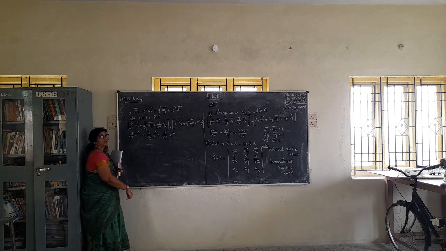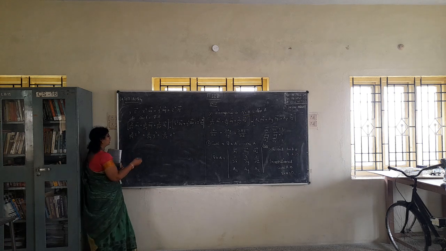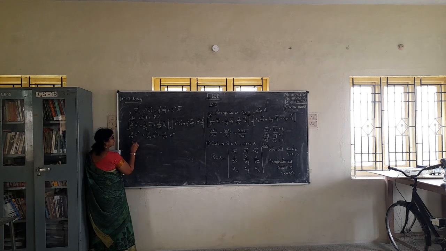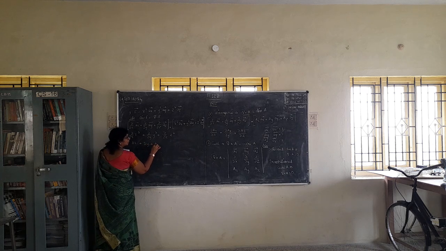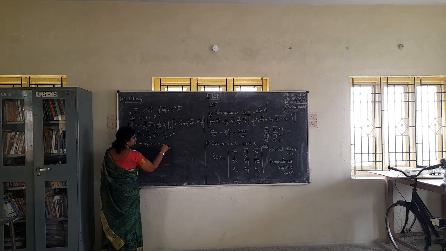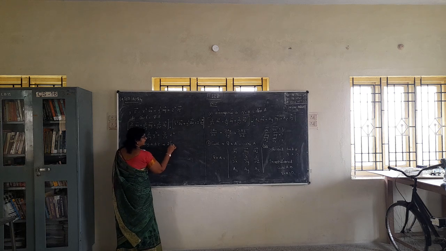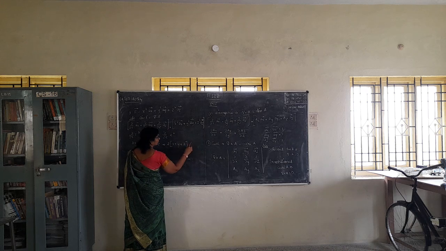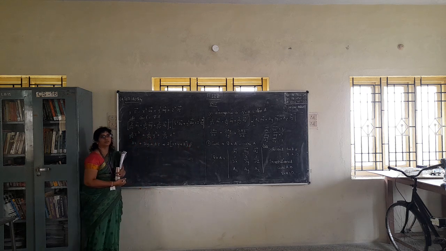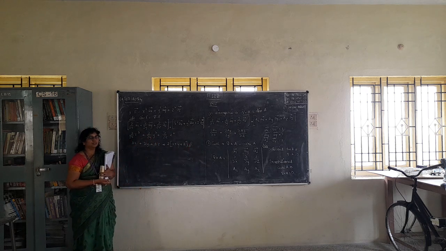So if I differentiate, 2x plus 2y plus 2z. So 2 times of x plus y plus z. Divergence.